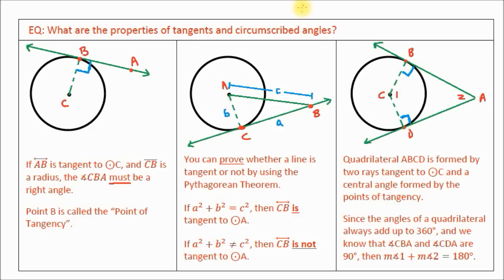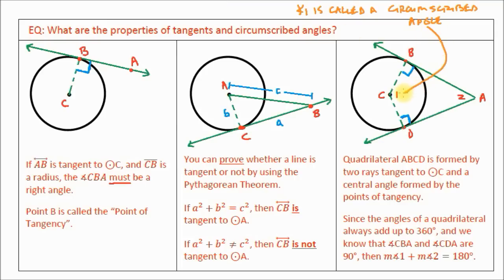Angle 1 is called a circumscribed angle. And let's label it so we know it's just this one. Let's make that a little bigger, better.